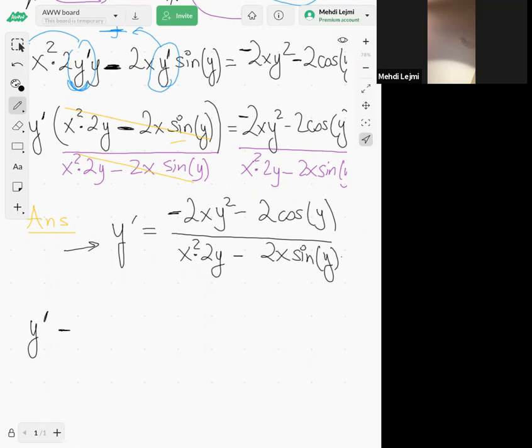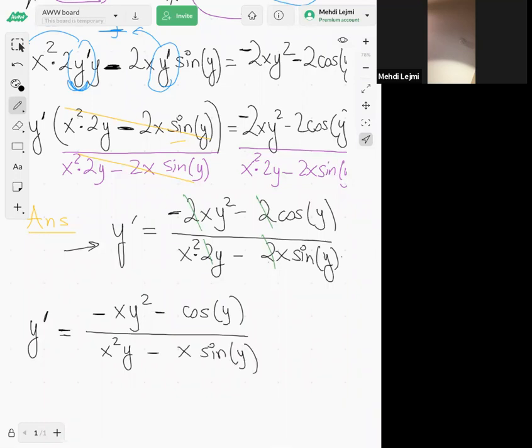So then y prime would be just minus x y squared minus cosine of y over x squared times y minus x sine of y. And this would be the final answer.